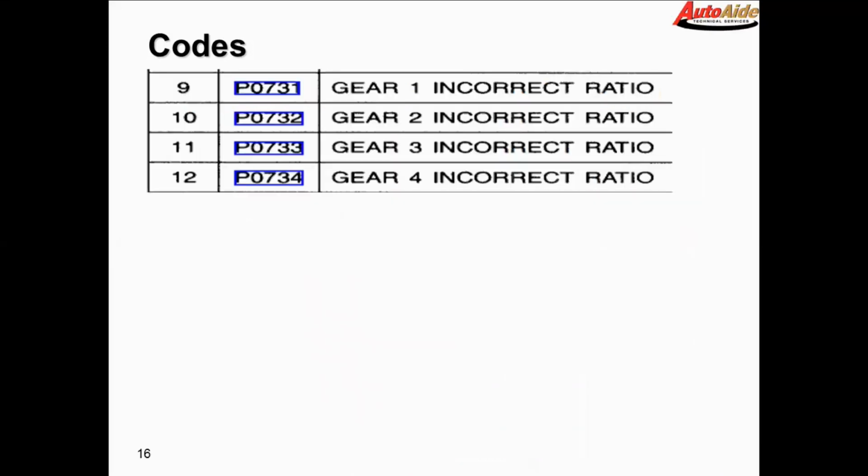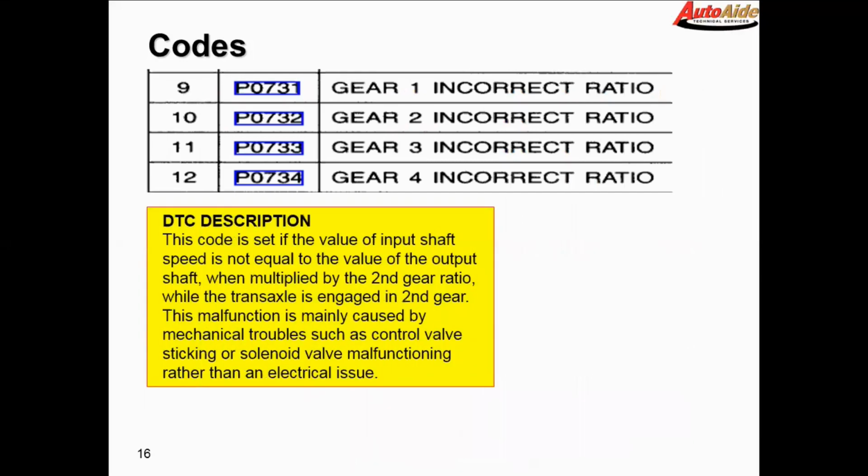But when you get into gear ratio codes, it's a different ball game altogether. The DTC description that I've got shown here is straight out of the service manual. This code is set if the value of the input shaft speed is not equal to the value of the output shaft speed when multiplied by the second gear ratio when the transmission is engaged in second gear.